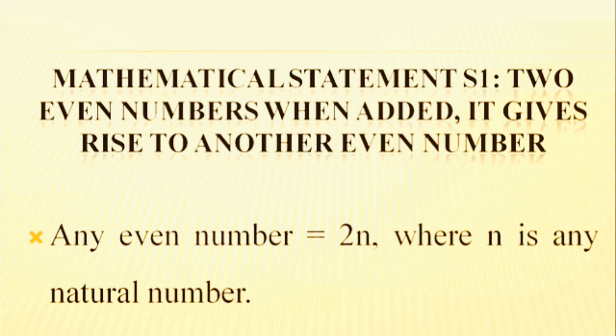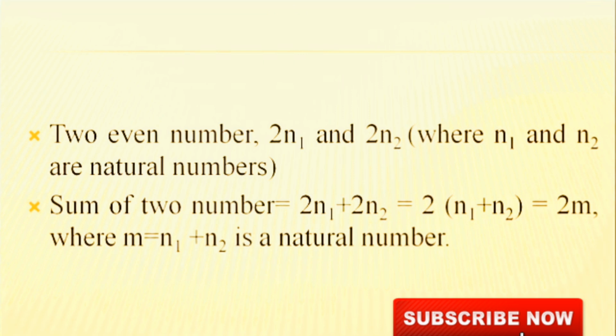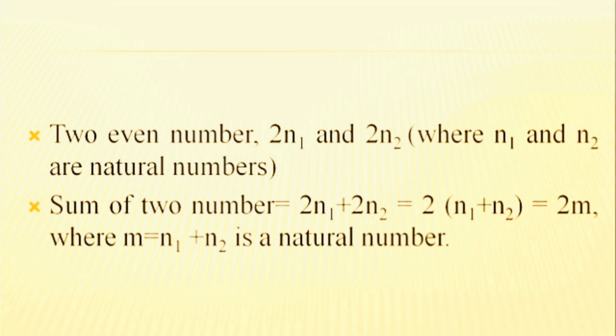So, any even number, say 2n, where n is any natural number. Two even numbers, that is 2n1 and 2n2, where n1 and n2 are two natural numbers. Sum of two numbers equals 2n1 plus 2n2.